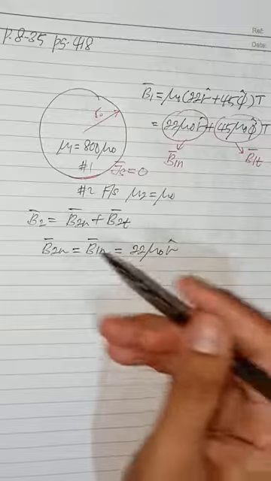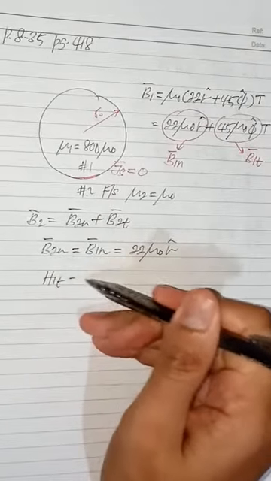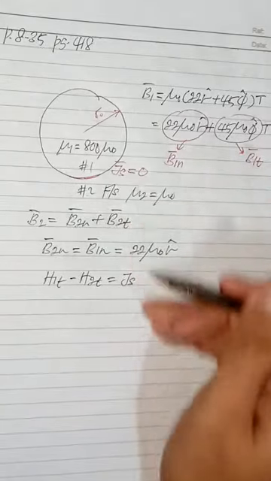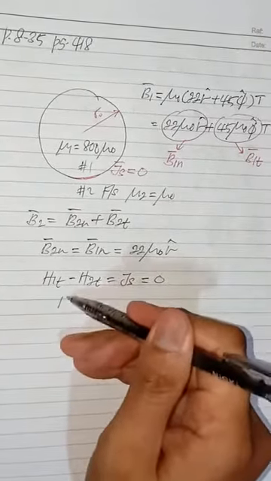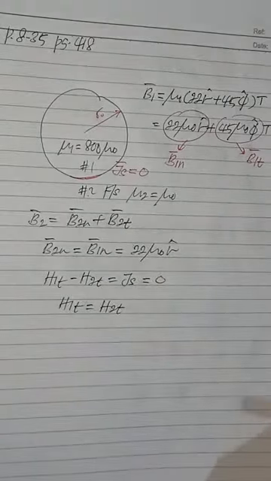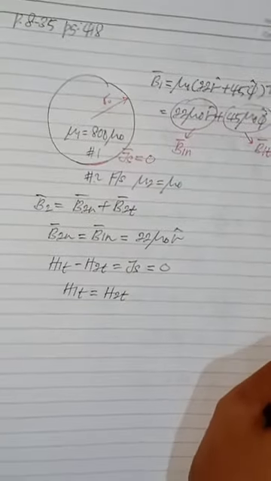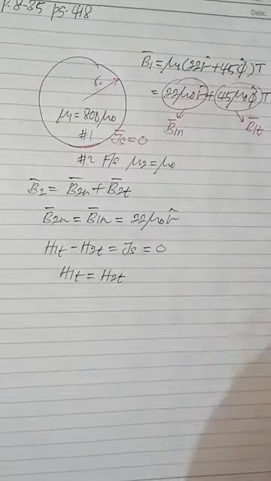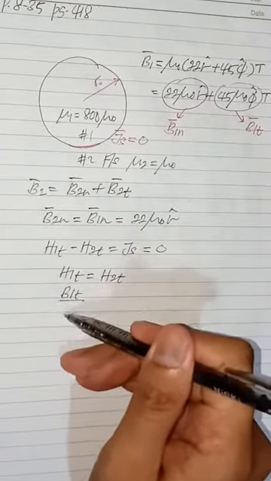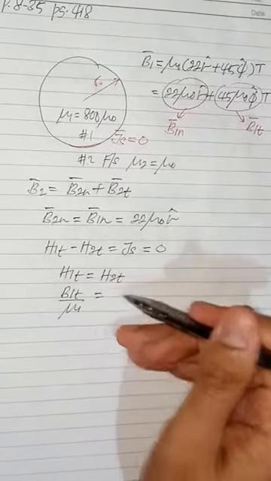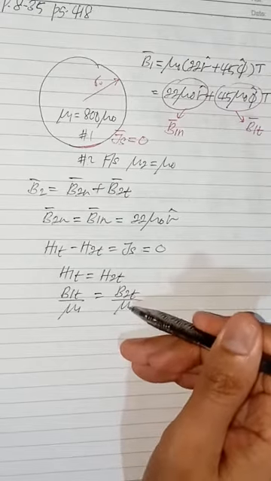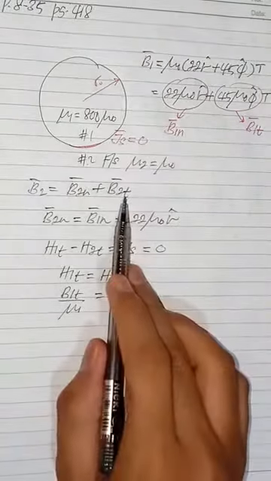From the original equation, H1t minus H2t equals Js, and Js we assume is 0. So H1t is equal to H2t. To find B2t, just convert H into B terms. H1t is equal to B1 tangential over mu1, and H2t is equal to B2 tangential over mu2.